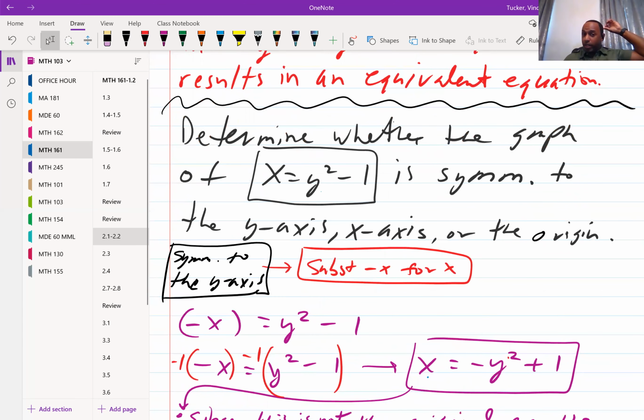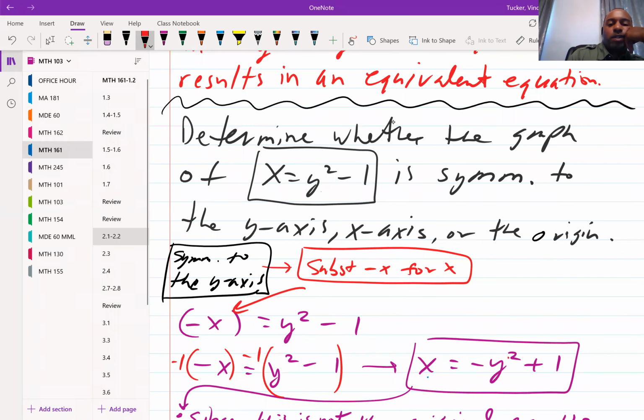So our original equation, x equals y squared minus 1. Plug in negative x for x.